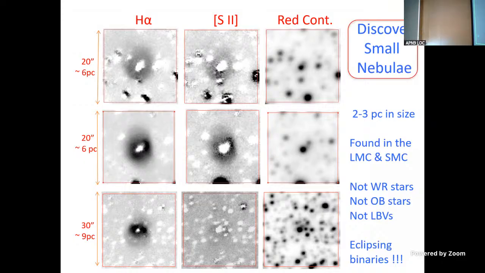Now let's go find small nebulae with unknown central stars, and that's what we found: eclipsing binaries. It's a new class of object. Well, I don't know if it's for the first time, seeing so many of these with this kind of nebula around eclipsing binaries.